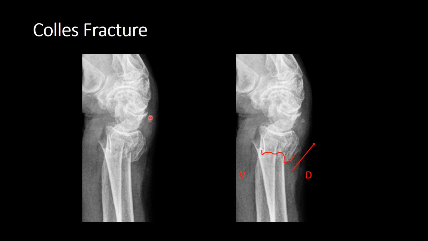If you look carefully, you can see an area of increased density dorsal to the lunate. So you might think that that might be a fracture fragment, but if we look at it, it's not sharp, it's quite rounded, and it doesn't appear acute. So this most likely is from some previous injury which happened some time ago and is not relevant to this particular injury.